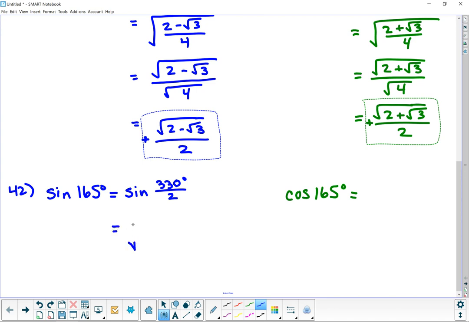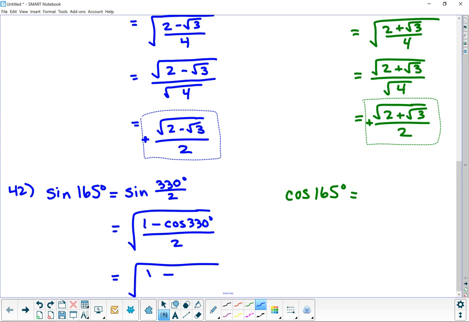Which means when we're setting this up, it's going to be 1 minus cosine 330 degrees. All right. So all you have to do is figure out what cosine of 330 degrees is. So if I'm going into my unit circle, 330 degrees, cosine is just radical 3 over 2.